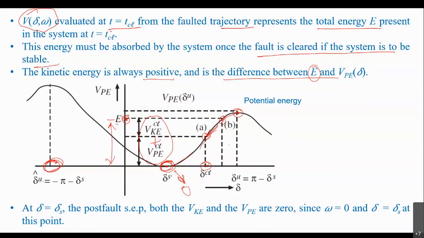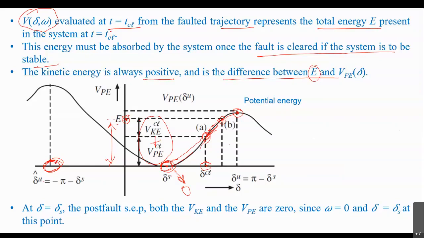As we can see here, the system will accelerate, and as soon as the fault is cleared, it will accelerate, and simultaneously the kinetic energy will gradually decrease, it will be absorbed, and the potential energy will increase in the machine, and finally it will achieve the steady state speed, that is the synchronous speed, right?